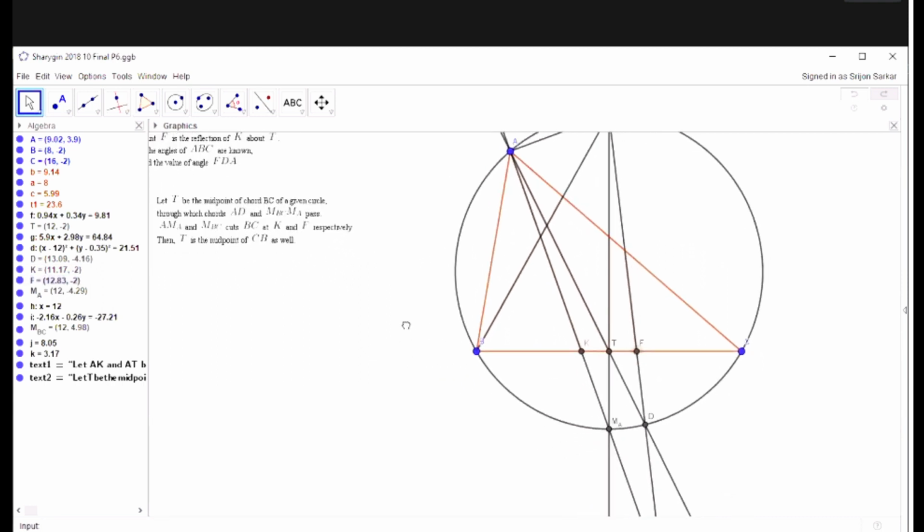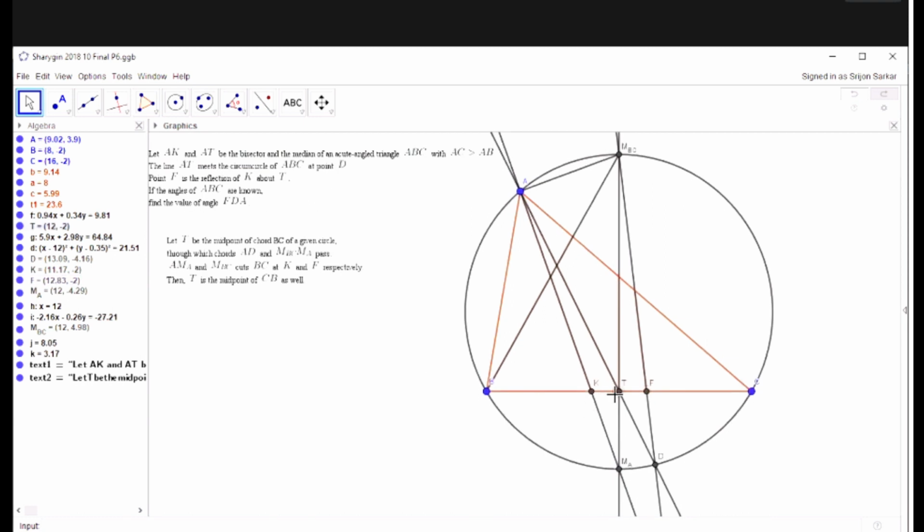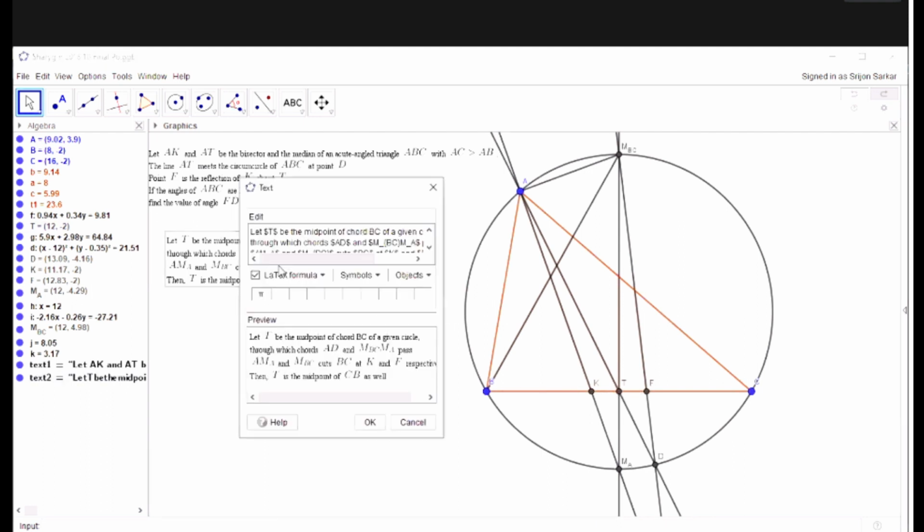And then the butterfly theorem states that as T was the midpoint of BC, T is the midpoint of KF as well. Now the problem should be trivial to note.